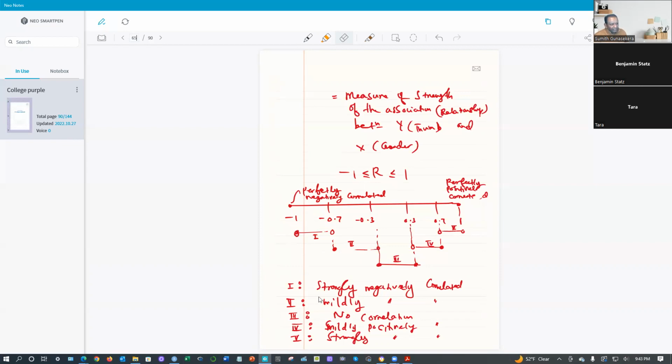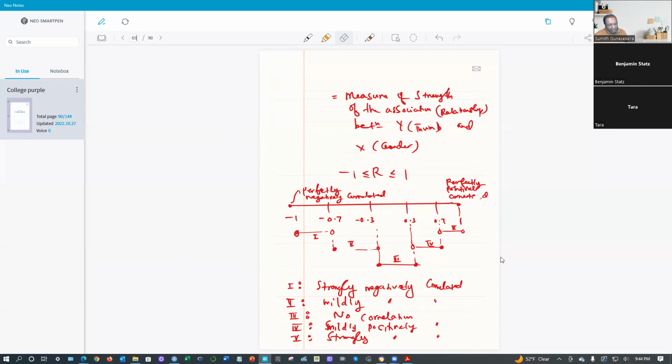That range, we can say, is strongly negatively correlated. Included, excluded: the left endpoint is included, the right endpoint excluded. That range, -0.7 to -0.3, is mildly negatively correlated. Included, included: both endpoints are included, -0.3 to 0.3. No correlation at all. If you see that kind of value, no correlation.